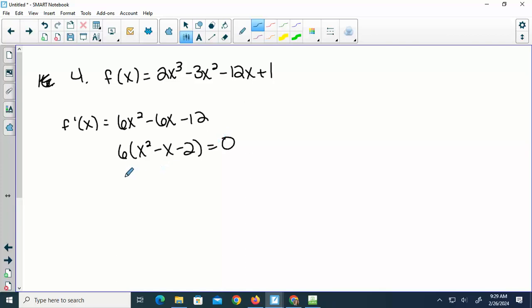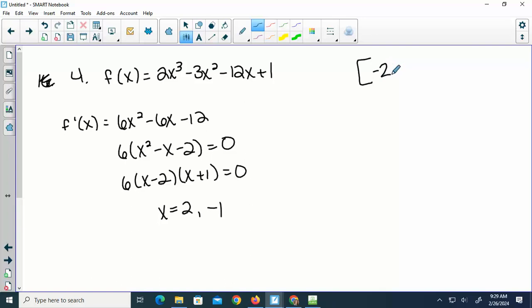Set it equal to 0. So we get +2 and -1 for our critical points. The interval we are looking at is from -2 to 3. First you check, if you have critical points that aren't in the interval, we don't use them. These are both in the interval. So we have to check our endpoints and our critical points.